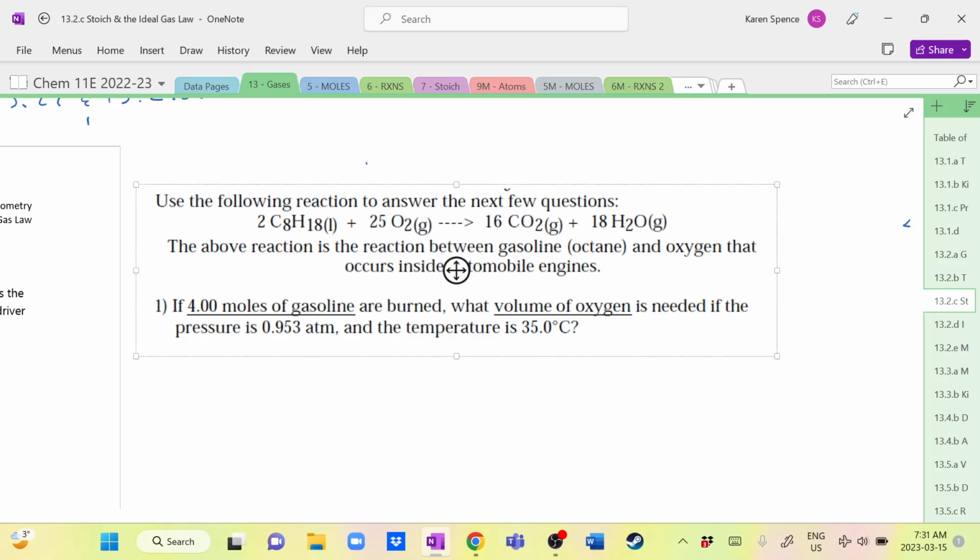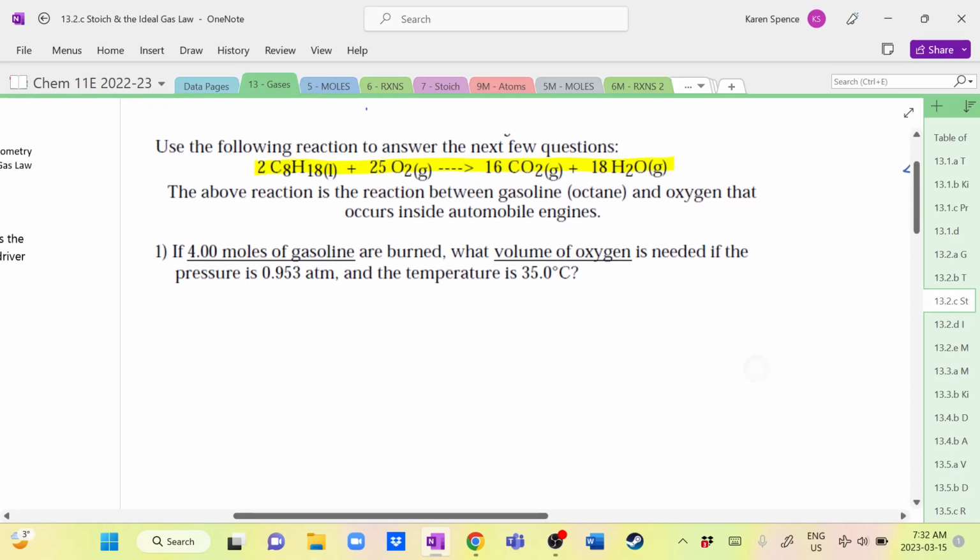Use the following reaction. So here's our reaction. And the above reaction occurs between gasoline, octane, and oxygen. If 4 moles of gasoline are burned, what volume of oxygen is needed if the pressure is 0.953?